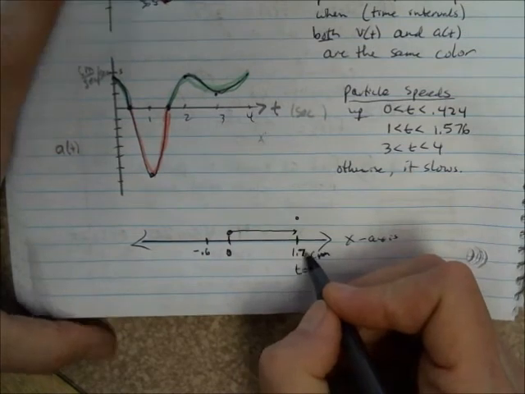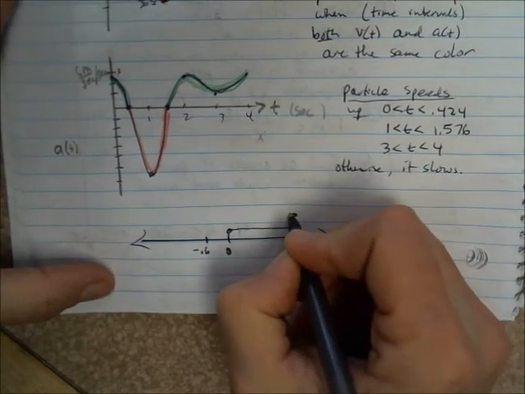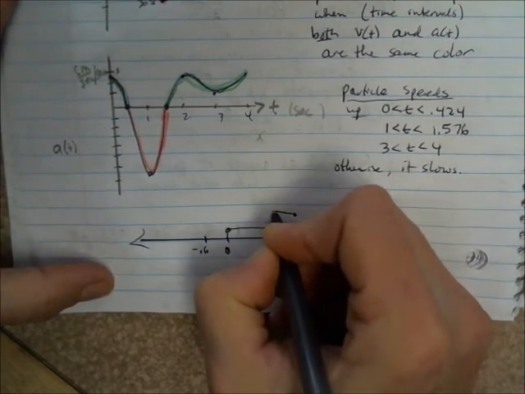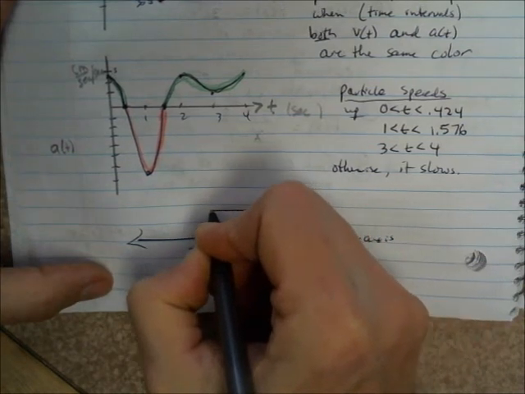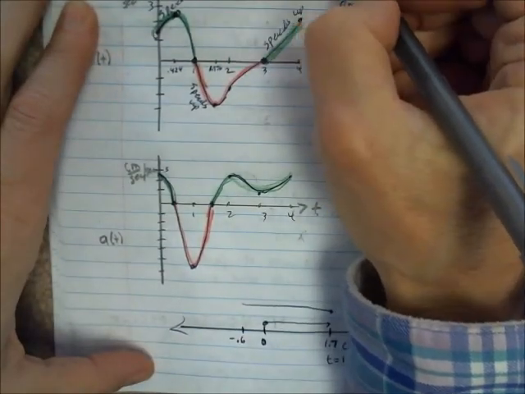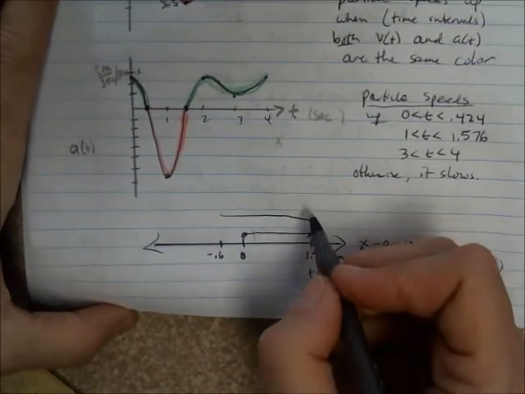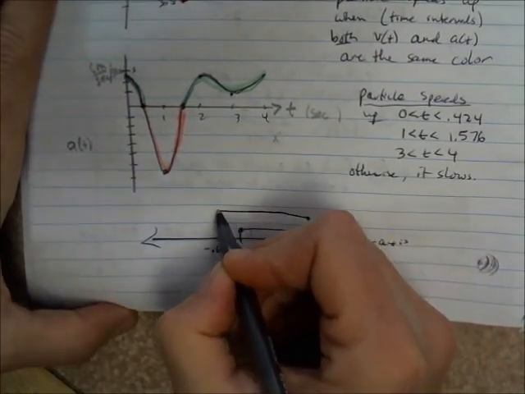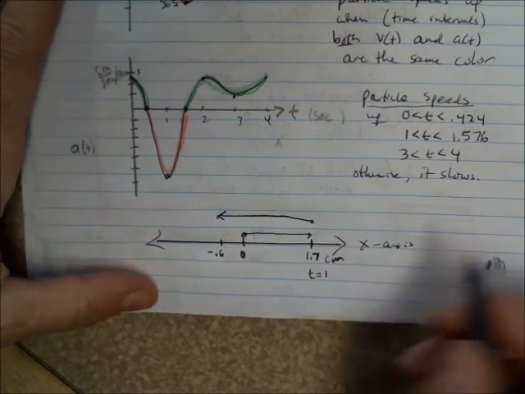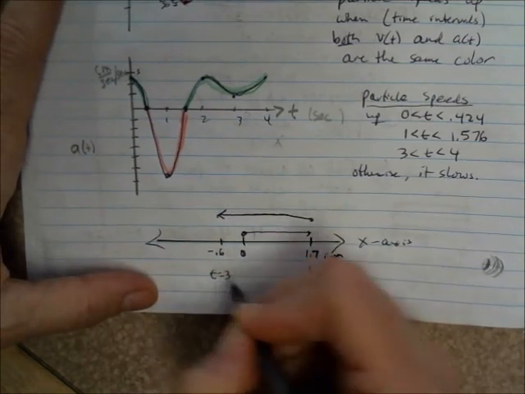At 1 second, we were 1.7 centimeters away, and at 3 seconds, it was 0.6 centimeters to the left. So from here to here, the particle moves to the left, and this is at t equals 3.